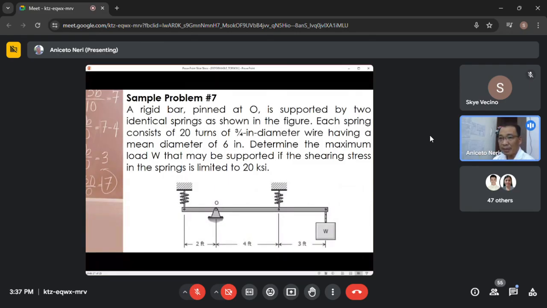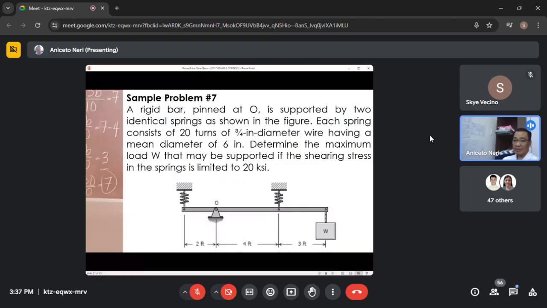Second problem. A rigid bar pinned at O is supported by two identical springs as shown in the figure. So pag identical gani, same properties. Although sa problem, gihatag ni, pero pwede lang dili. Kaya equal raman yapon.